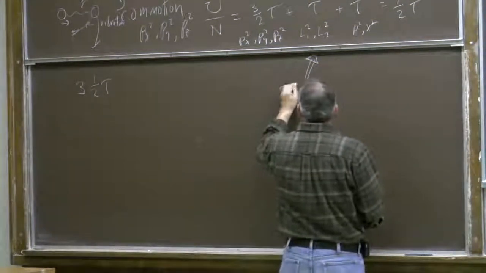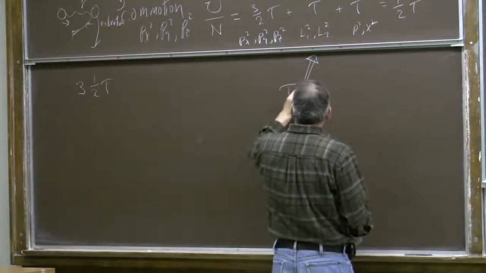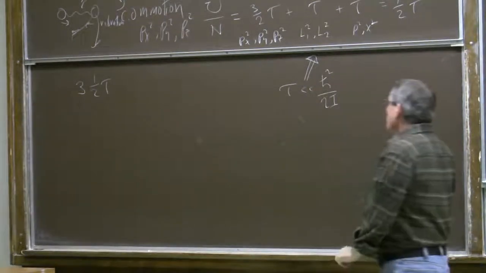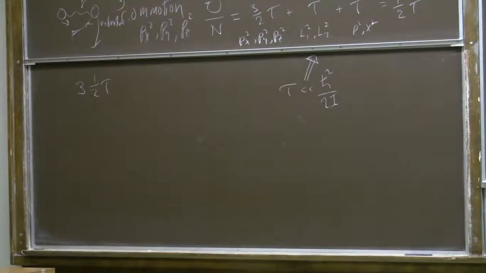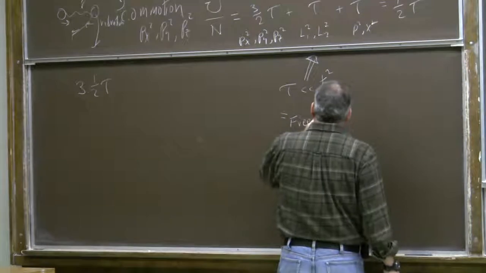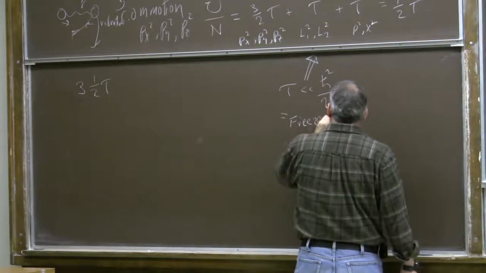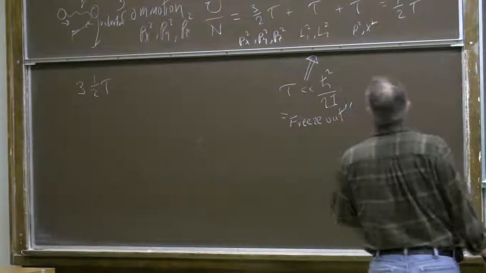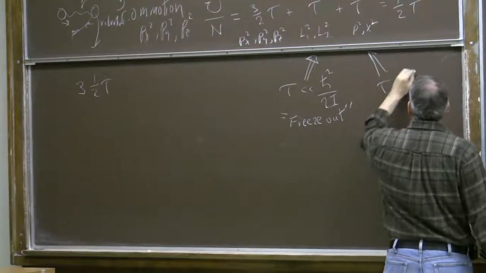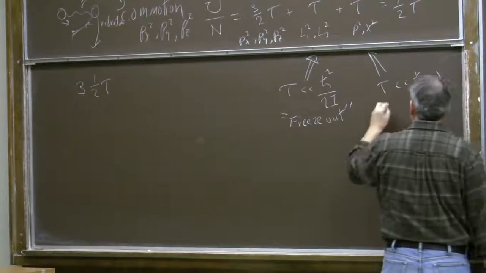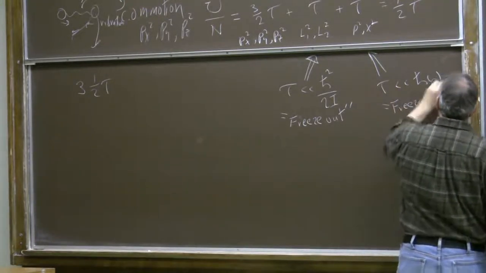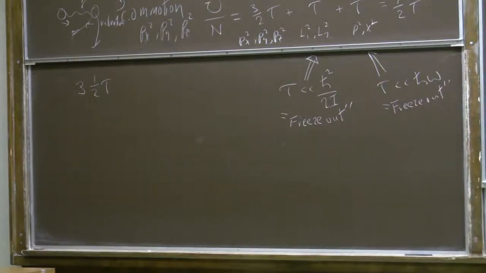So if kT, that is tau, is small compared to h bar squared over twice the moment of inertia, or h bar squared over I, then rotation freezes out, and similarly, when the temperature is small compared to h bar omega, as we discussed before, vibrations freeze out. For typical molecules, vibrations freeze out at a higher temperature than rotations.